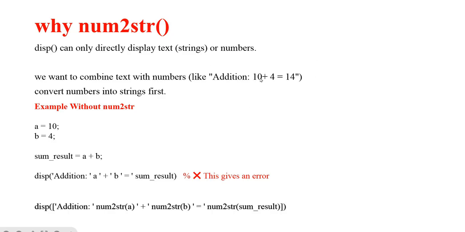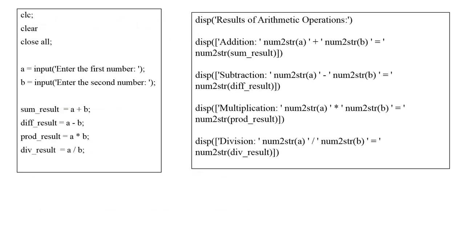Instead of writing just a, you have to write num2str of a. Instead of b, you have to write num2str of b, and sum_result also must be converted to a string. So along with disp, we need the num2str command if you want to display the text along with the numbers.